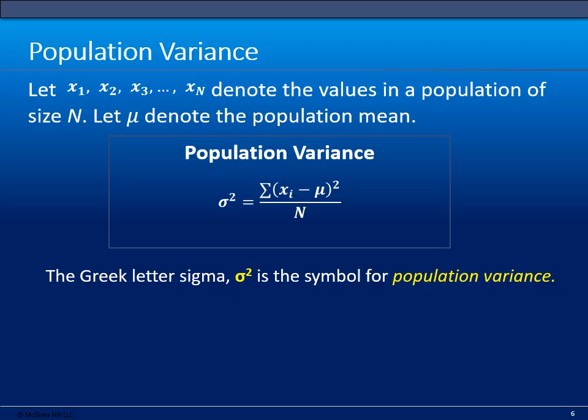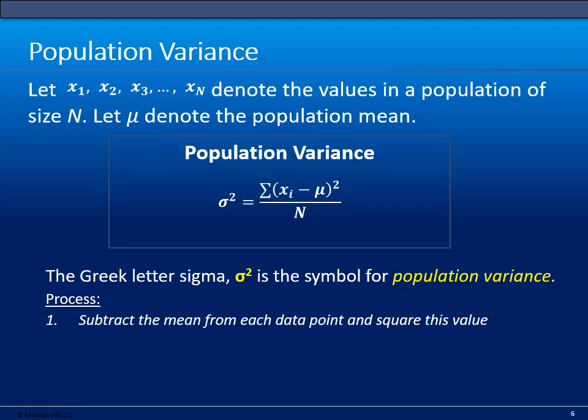So we take x1 minus the average, square it, plus x2 minus the average squared, plus x3 minus the average squared, plus xn minus the mean squared. All those differences squared, and then we divide them by the population size. Okay, and this gives us the population variance.